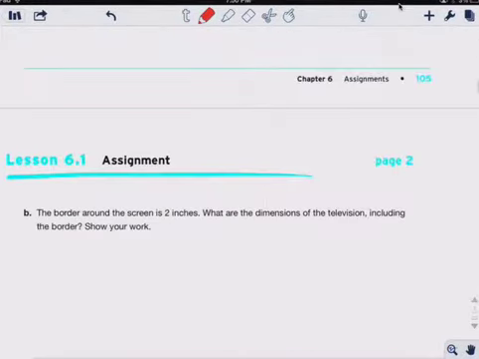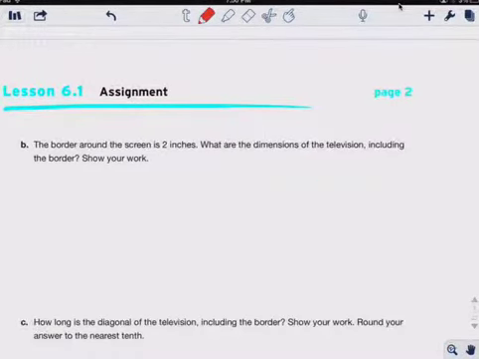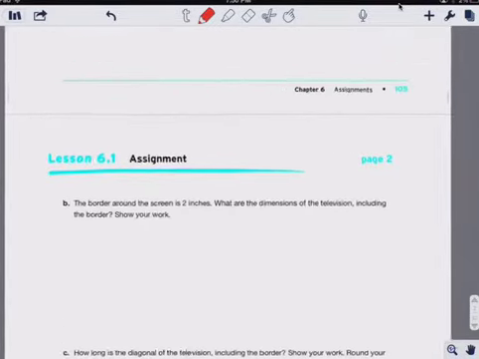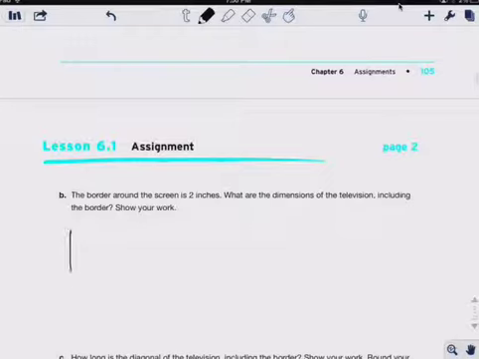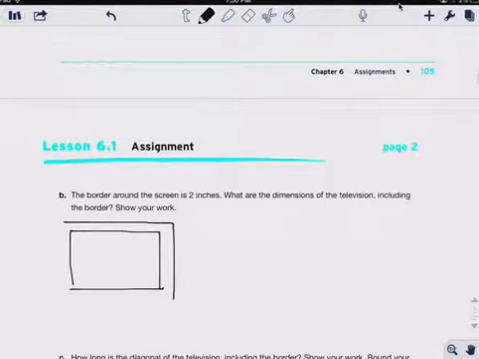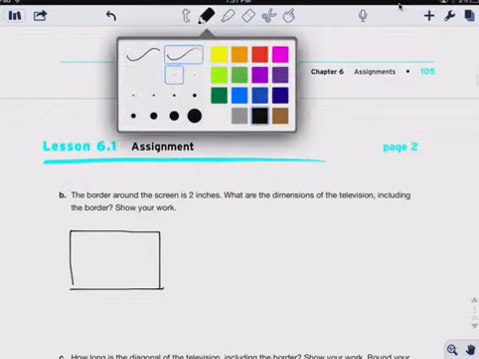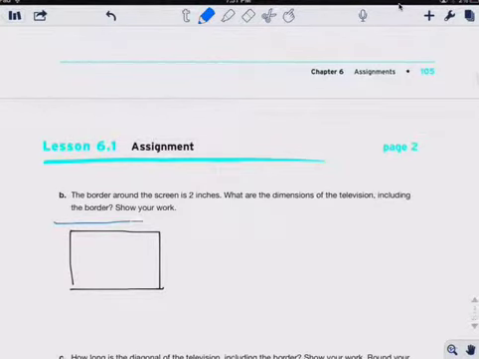Okay, next page. This is the hard one for most people, the border around the screen. So we know the screen, where B is talking about problem number 1. Here's the screen, there's the border. I'm going to draw the border with blue so you guys can see the difference between the screen and the border.